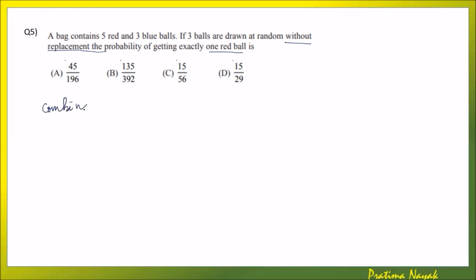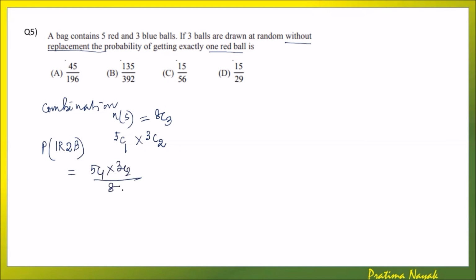So what will the sample space be? The sample space will be 8C3, and the selection will be 1 red selected and 2 blue selected. So the probability of exactly 1 red and 2 blue is 5C1 into 3C2 upon 8C3.